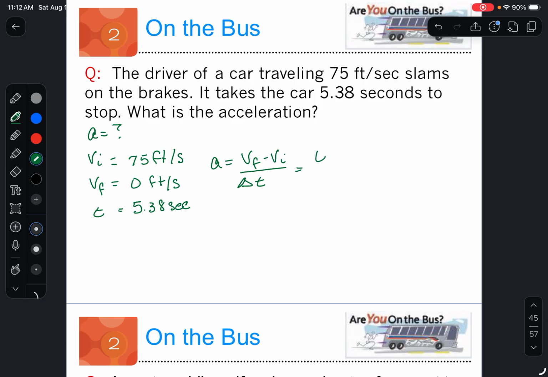So we have 0 minus, let's keep our units, feet per second, minus 75 feet per second divided by 5.38 seconds. So our acceleration is negative 14 feet per second squared, which makes sense because it is coming to a stop.